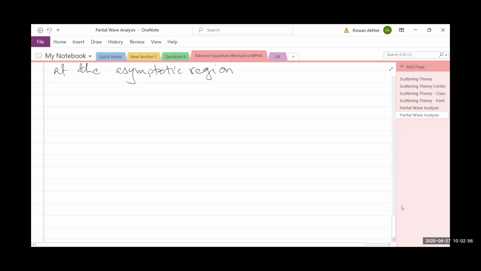And what is that linear combination? So psi_R is approximately equal to A_L J_L of kr plus B sub L N_L of kr. And this is approximately equal to what?